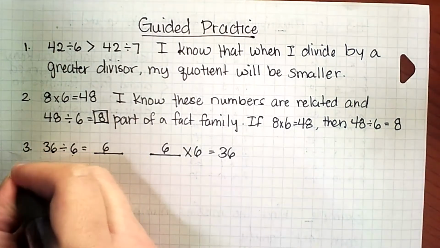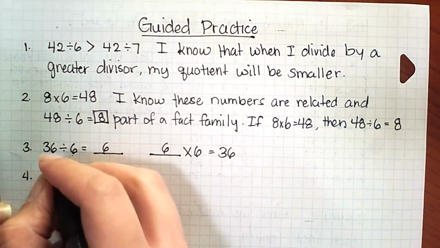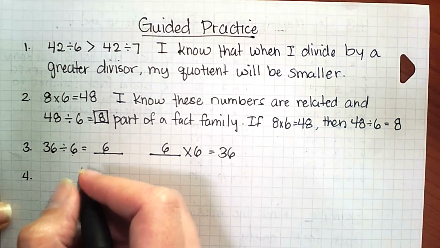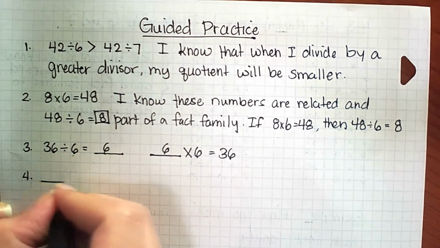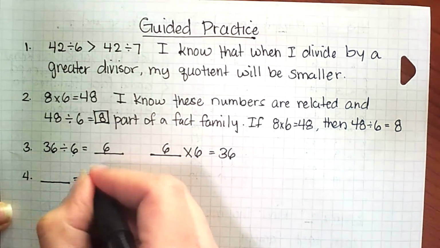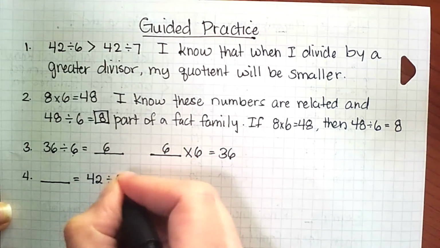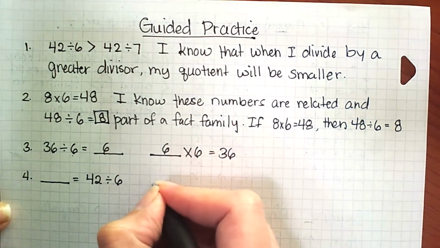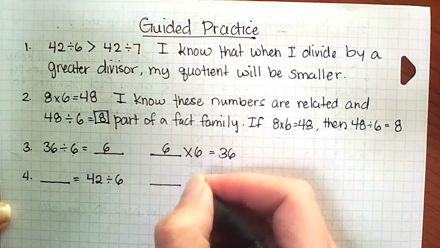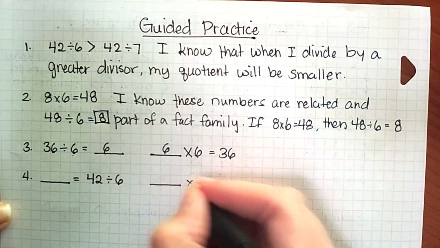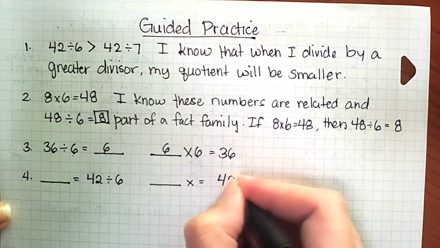For number 4, it says a number is equal to 42 divided by 6. So our fact that's related is something times 6 is equal to 42.